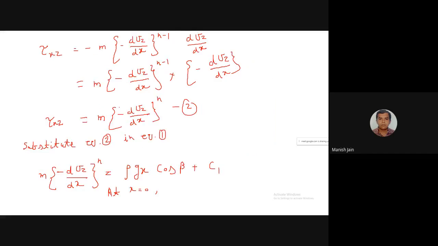Okay, so at x equal to 0, shear rate values, shear rate of liquid and air should be equal.